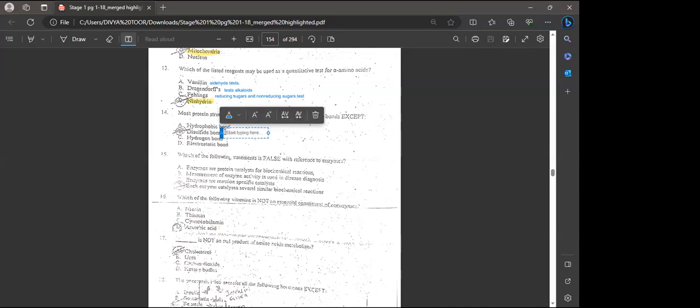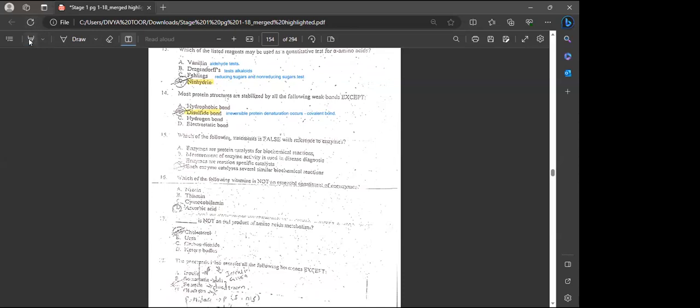So I think it's a strong bond. I'd have gone with the disulfide because I'm seeing it's a covalent bond, so it's not a weak bond. But I'm not sure. Okay, so we move. Yeah, we can move on.